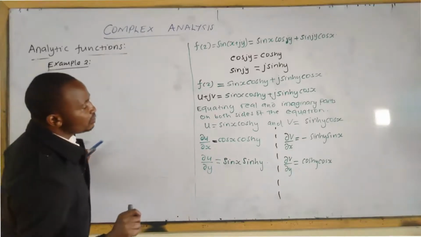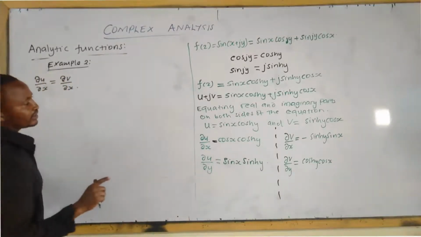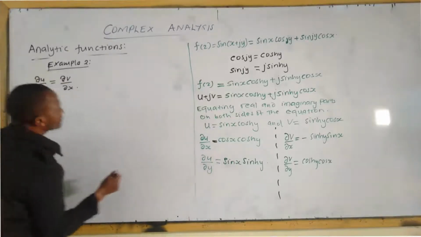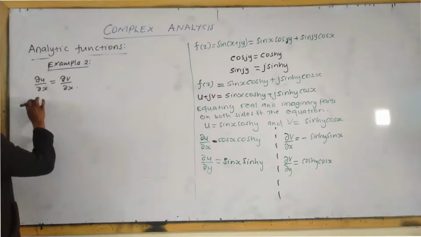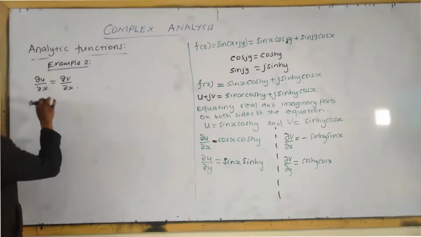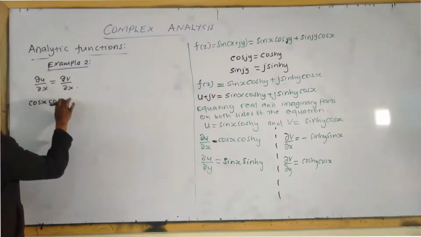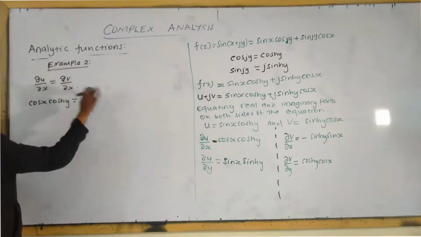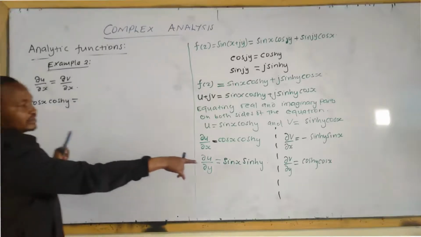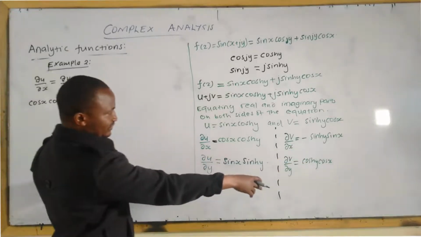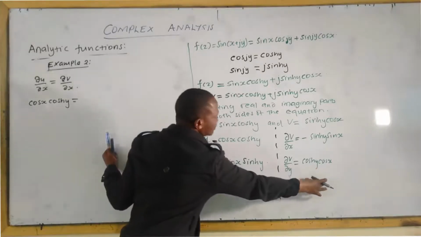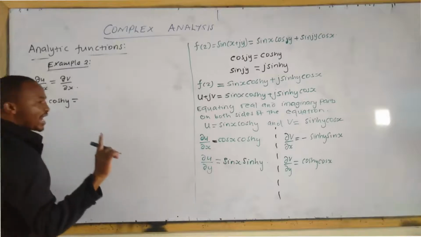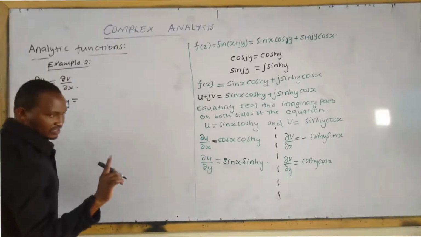Now, we equate the partial derivatives. The partial derivative of u with respect to x is cos x cos y, and this must be equal to the partial derivative of v with respect to y, which is cos y cos x.